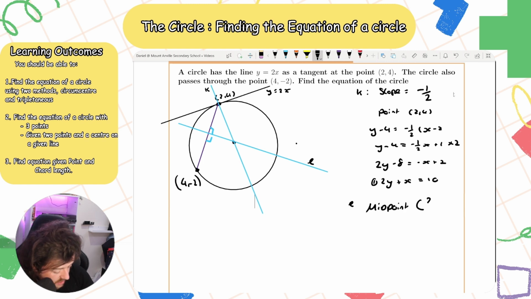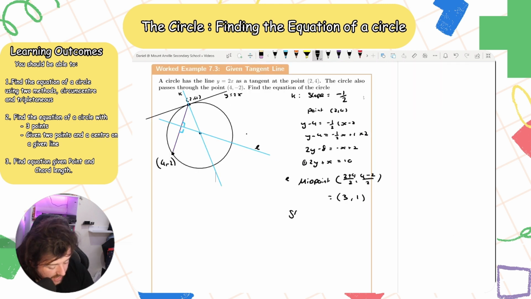My midpoint is 2 plus 4 all over 2 and 4 plus 2 all over 2, which gives me 3, 3.